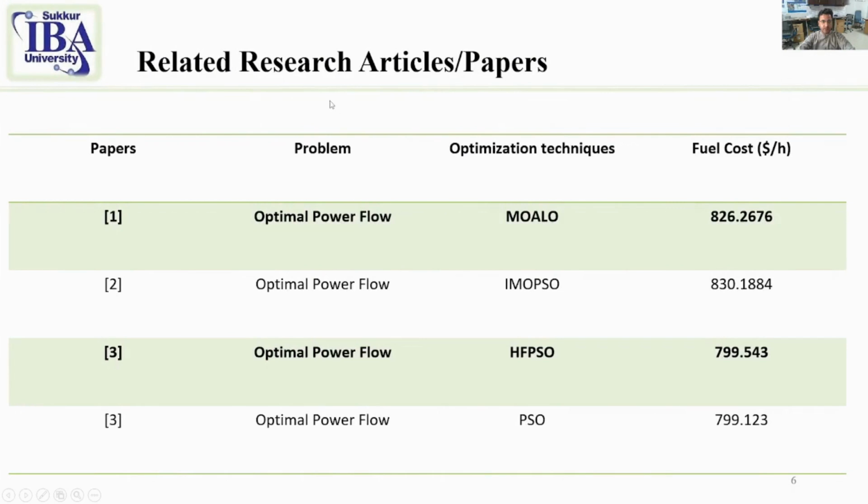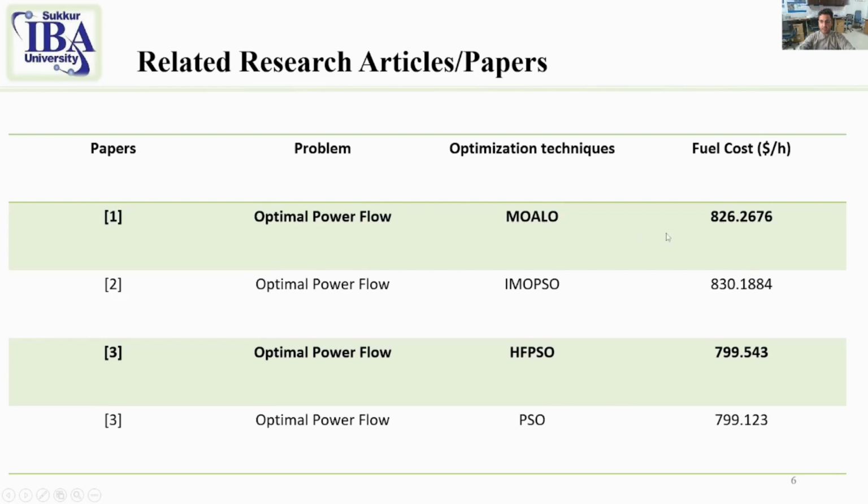So here are some related research articles. You can see different techniques have been used for the optimal power flow. So this is the multi-objective end-to-end optimization, improved multi-objective particle swarm optimization, hybrid firefly PSO. You can see different cost values here.